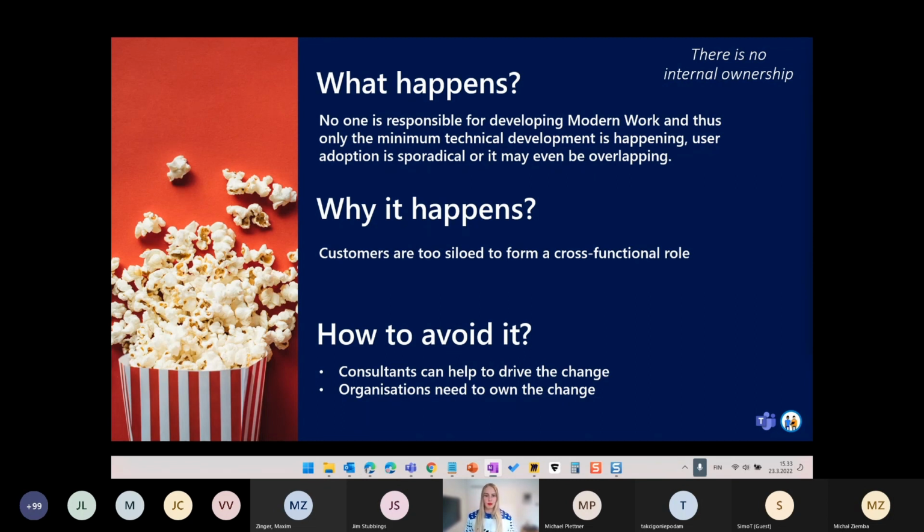And one horror story, or I have several in this case, is that the customer expects the consultant to be the owner. If you have attended the Prosci change management theory course, it's great actually.